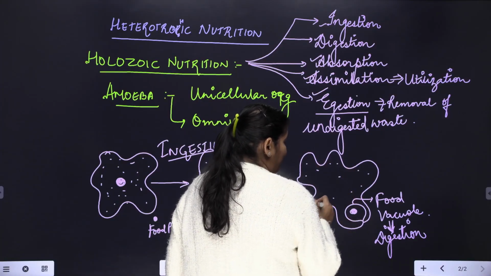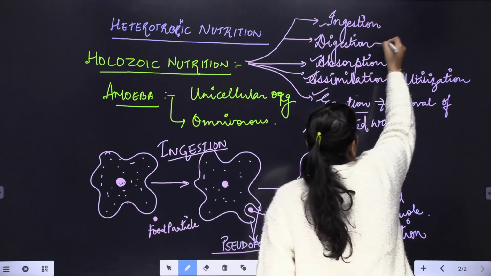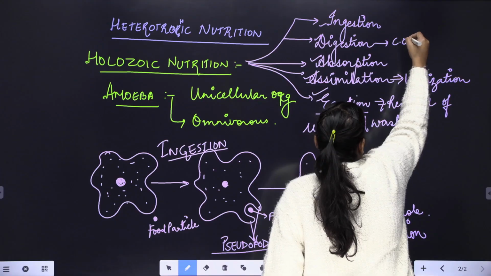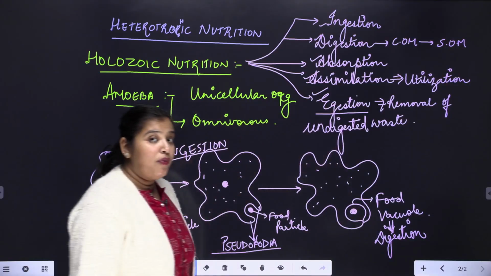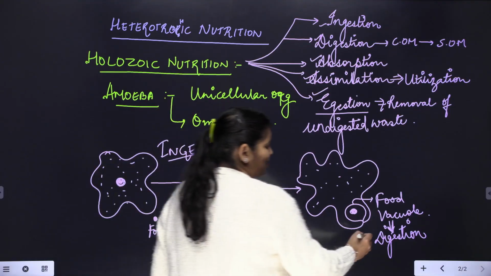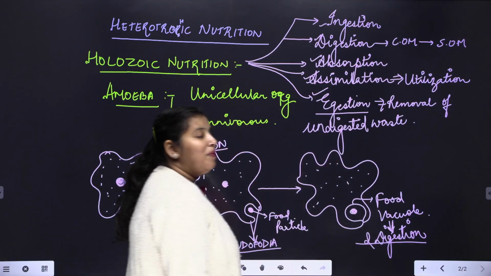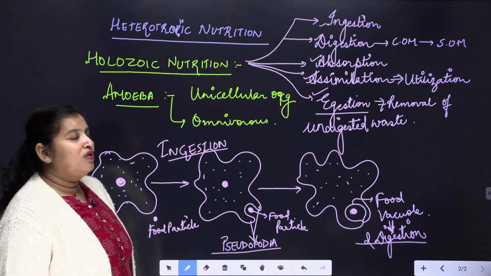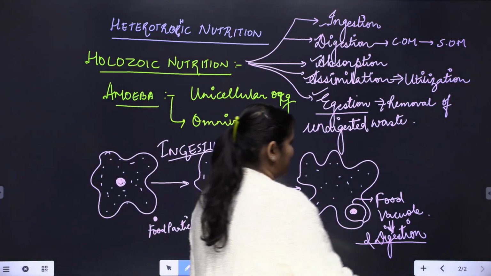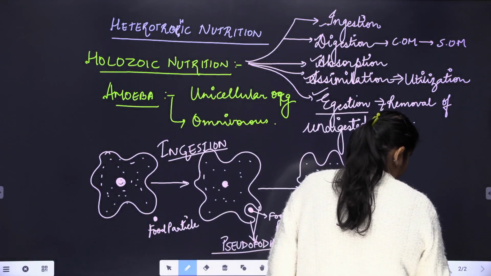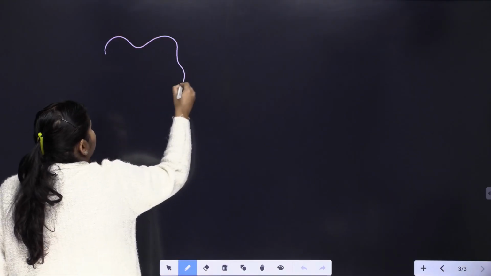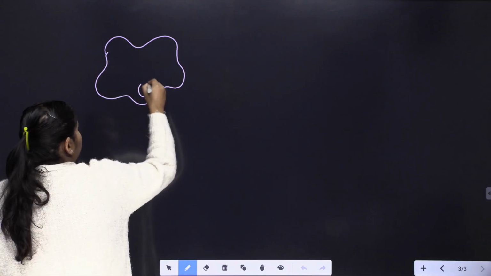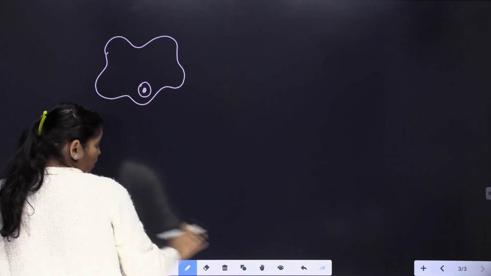Now the digestion is happening, all right? Digestion is conversion of complex organic matter into simple organic matter. So inside the food vacuole, this step is going to take place, which is the second step, that is digestion. That is, the complex food particle changes into the simple food particles. Now, the next step, here is the food vacuole, the food. All right, now I'll not draw the food.